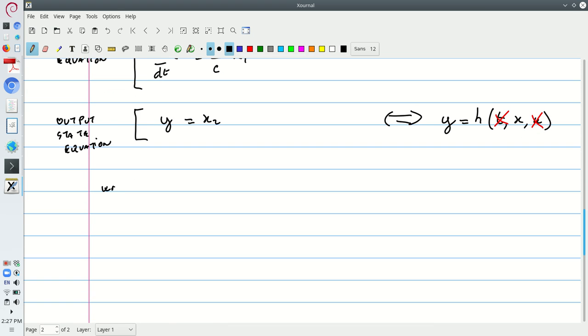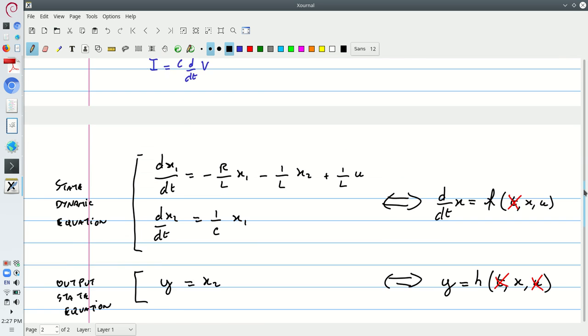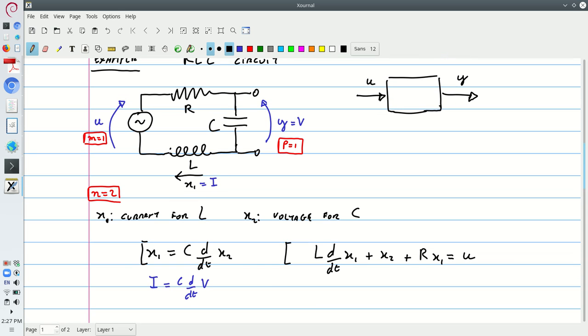We can also obtain the input output, or any input output, representation. It's not necessarily unique. How do we proceed for the input output representation?